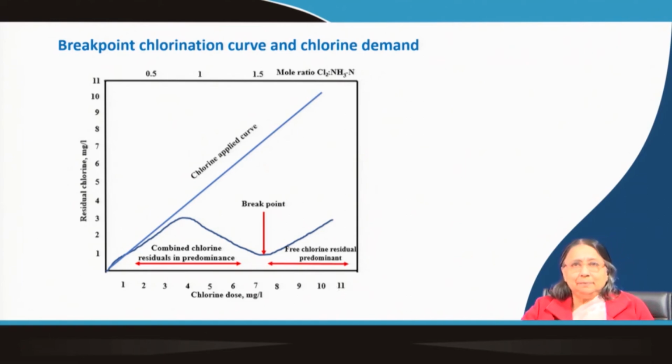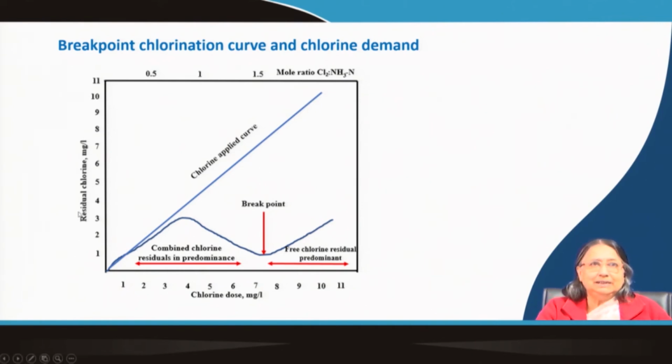We take the same sample, same volume, in different containers and apply chlorine at different doses. We keep it for the contact time, then measure the residual chlorine and plot it against the applied dose.